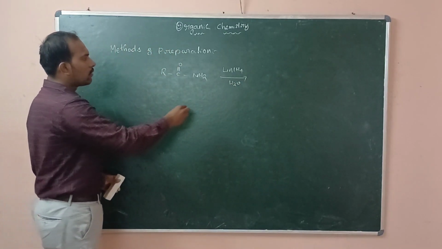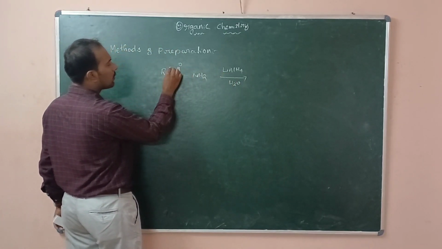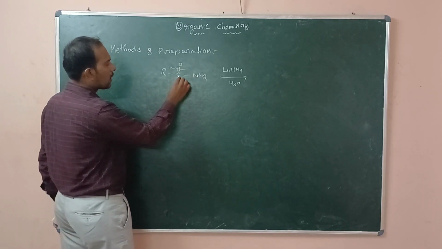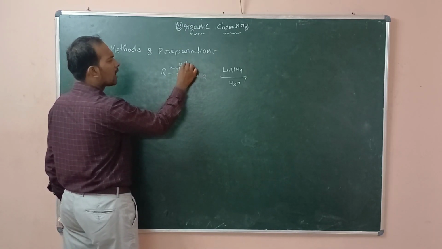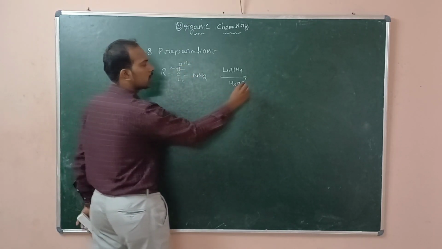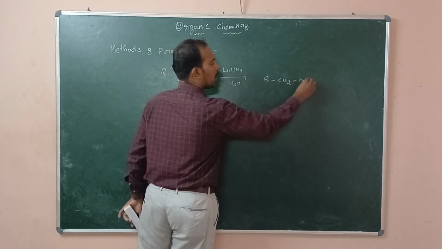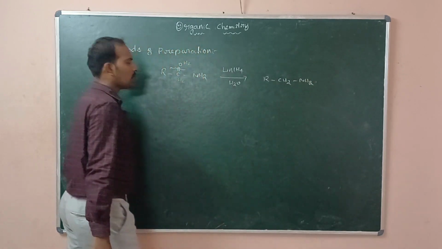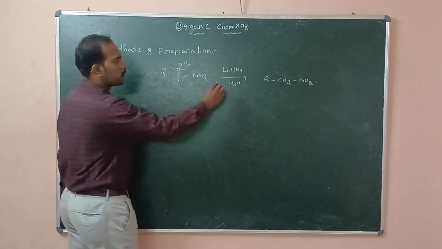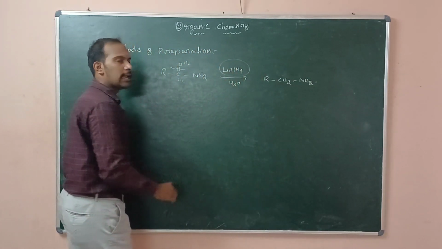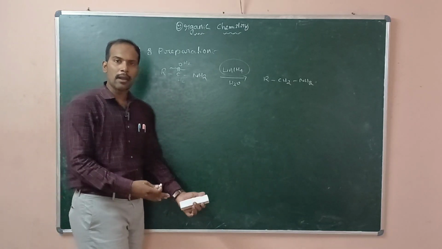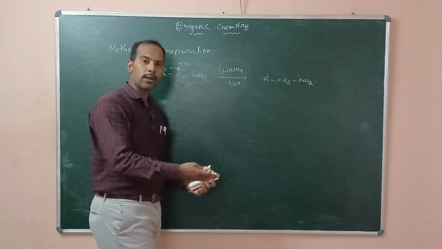Now this LiAlH4 is simple: you break the bond, add two hydrogens here and add two hydrogens here. So the product is RCH2NH2. The reducing agent is LiAlH4, lithium aluminum hydride, which is the best reducing agent.